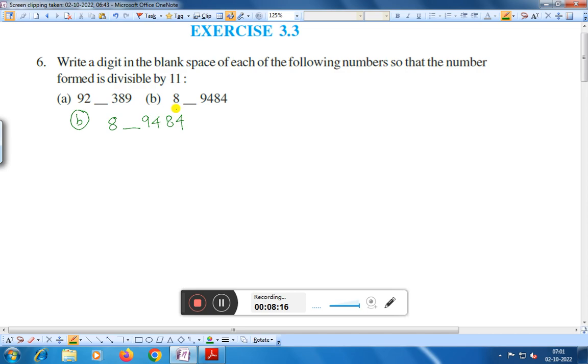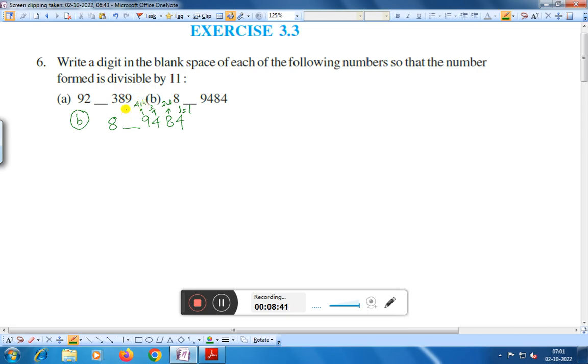Now this is the first digit. This is the second digit, 8 is the second digit. This is third digit, third. This is fourth digit, fourth.